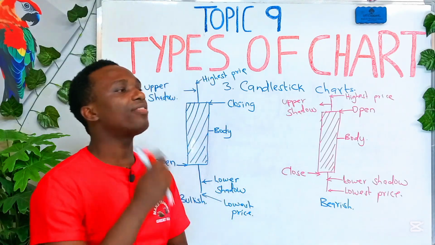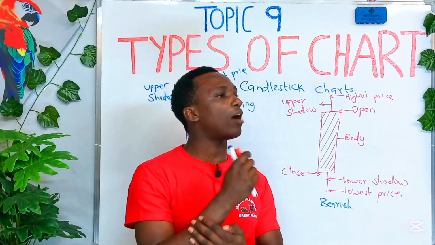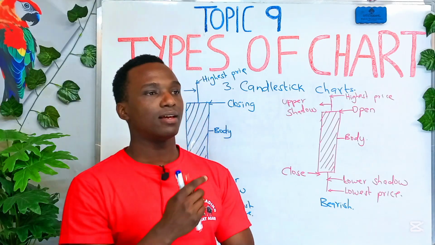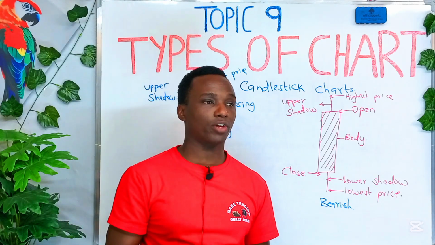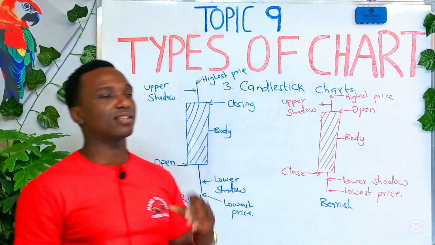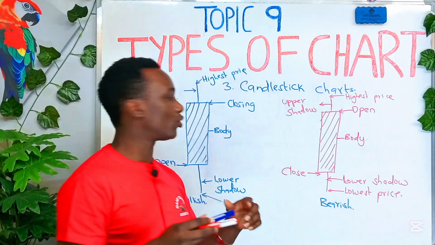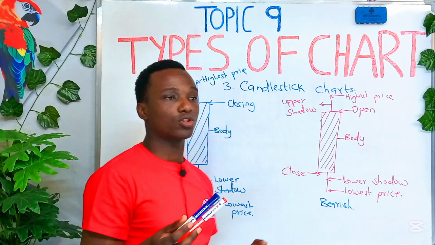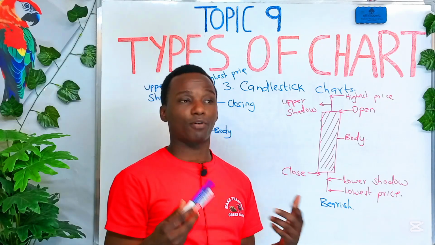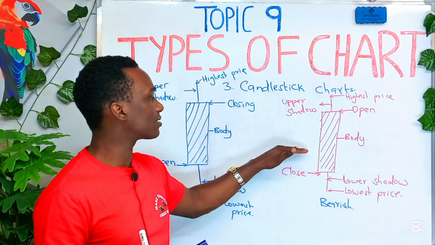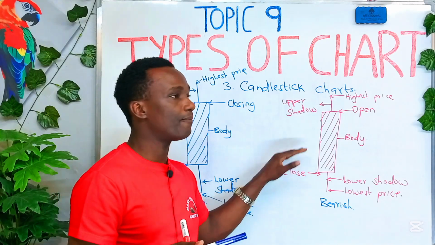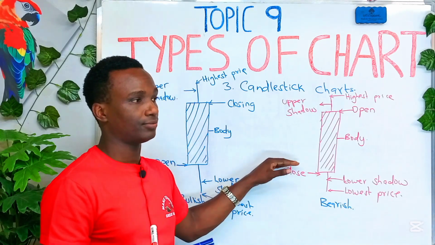And they are a very good place for a beginner to start figuring out their chart analysis. The line charts and the bar charts are used by intermediate or professional traders, but mostly for beginners we use the candlestick charts.